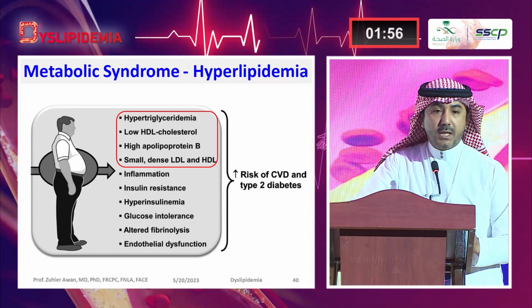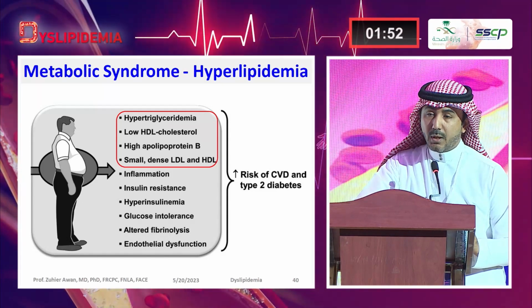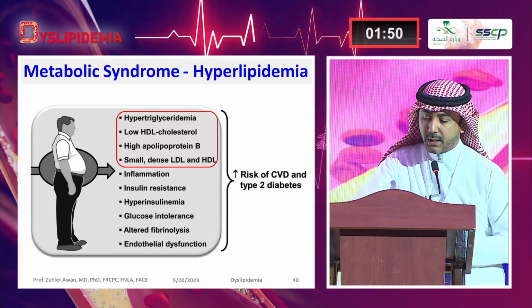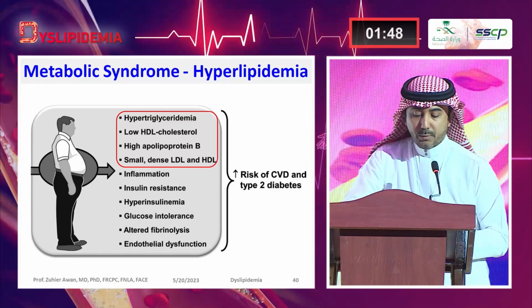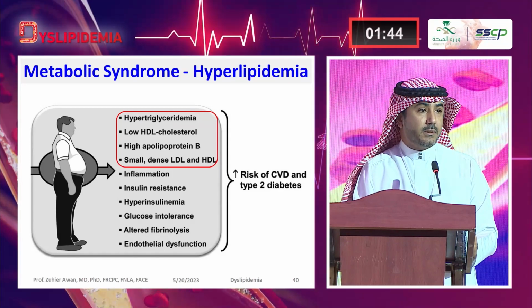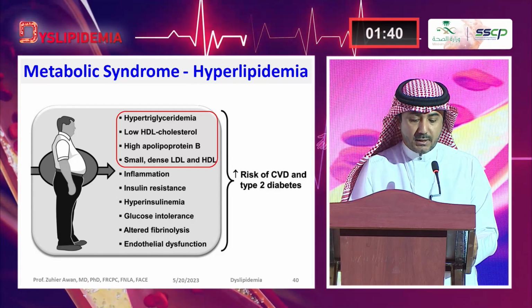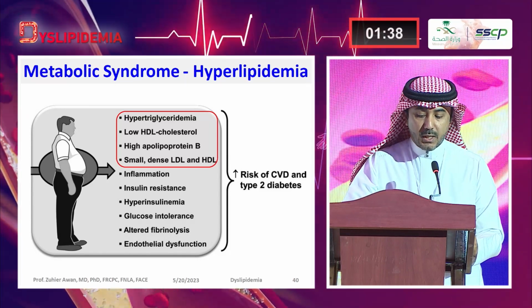You will start to exhibit hypertriglyceridemia, you have a low HDL, you have high apolipoprotein, and you have small, dense LDL. The small, dense LDL is a more atherogenic particle, and it contributes to high cardiovascular risk.